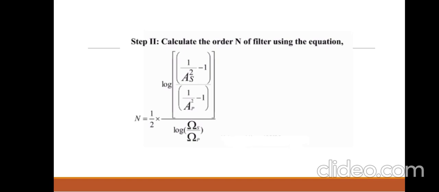Now step 2 is calculating the order of the filter. We will use this formula for calculating the order of the filter: N is equal to 1 by 2 into log of (1 upon As squared minus 1) upon (1 upon Ap squared minus 1), whole upon log of Ωs by Ωp.